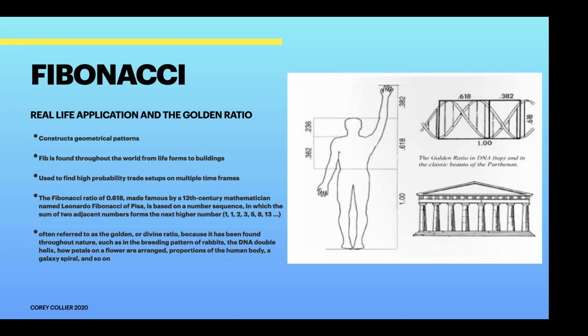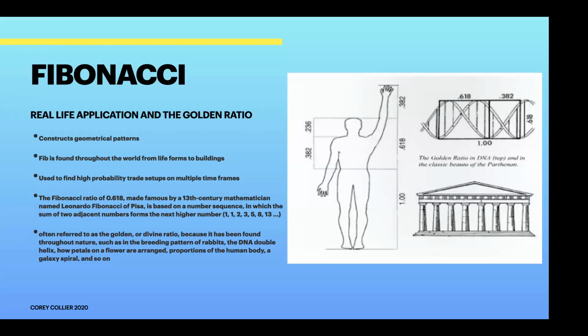Now, if you cut a body in half, you should have two equal length parts at the waist. That's what this is showing you, where it says 1.0 on the right hand, then you've got the 0.618 and then the 0.382. That is trying to show you guys how balanced the body is. So if you cut us in half at the waist, you'll form two equal parts.